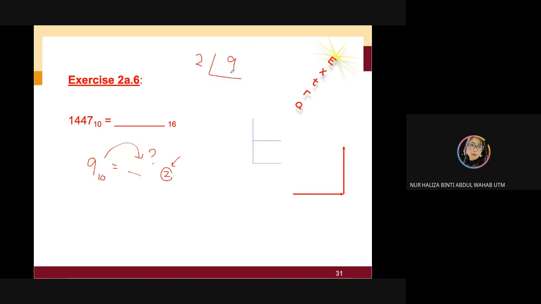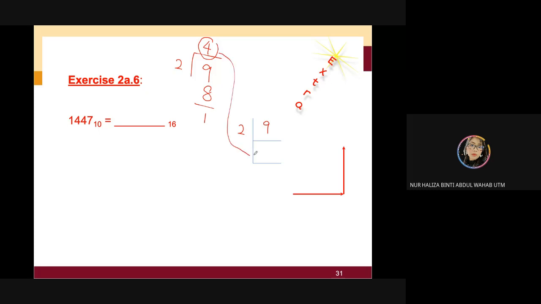Okay, it's easy for us to do it mathematically: 9 divided by 2, I will get 4, and my remainder is 1. When we apply this method, this 4 we will put here, and this remainder we will put here.